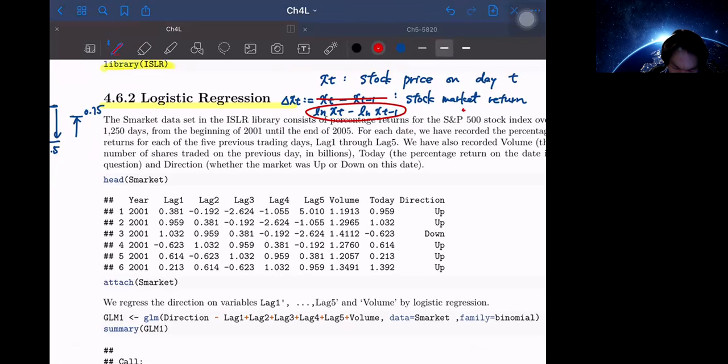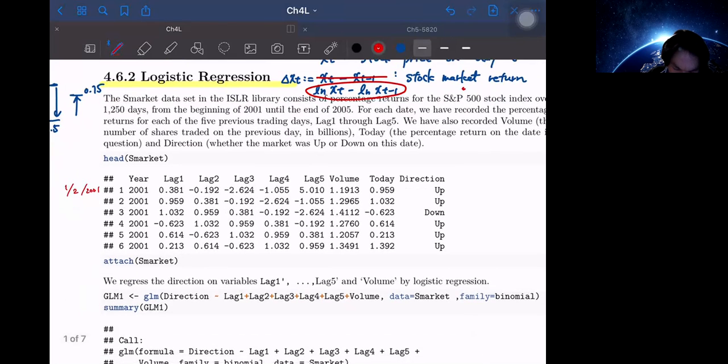Probably the first line is maybe January 2nd, 2001, because January 1st is a holiday. Then January 3rd, 4th, 5th, and 6th. The stock market is open only 5 days a week, and also closed on some holidays.